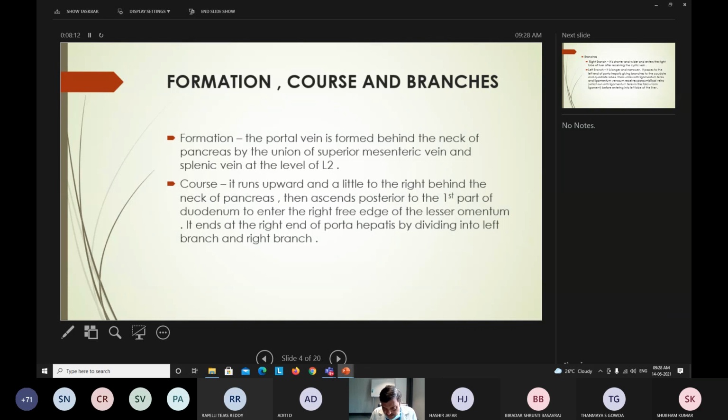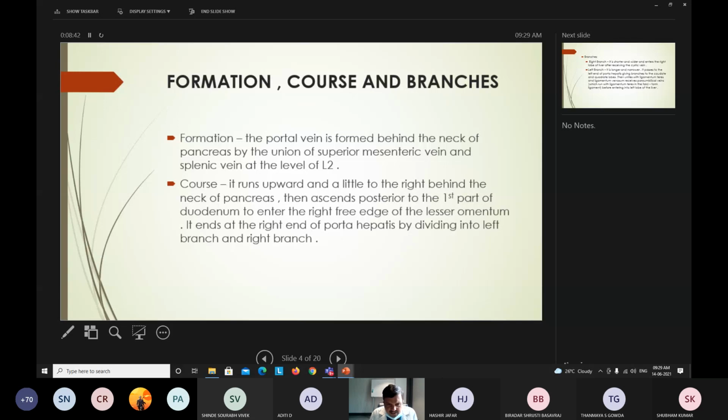After passing the posterior aspect of the neck of the pancreas, it ascends and passes behind the posterior aspect of the first part of the duodenum. Then it enters the right free edge of the lesser omentum.